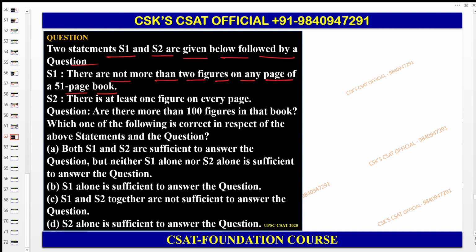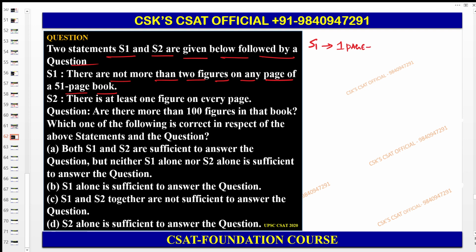Now you may ask whether that book contains 0 figures. Yes, 0 figures is also fine. One page contains 0 figures, that is also fine. One page contains 2 figures, that is also fine. With statement number 1, what happens here? Check with one page.